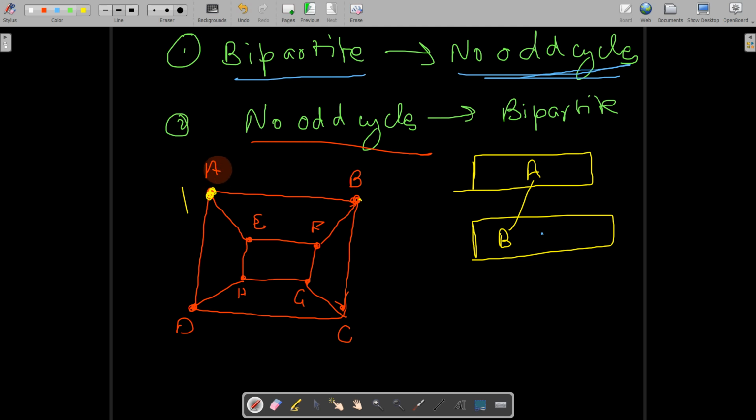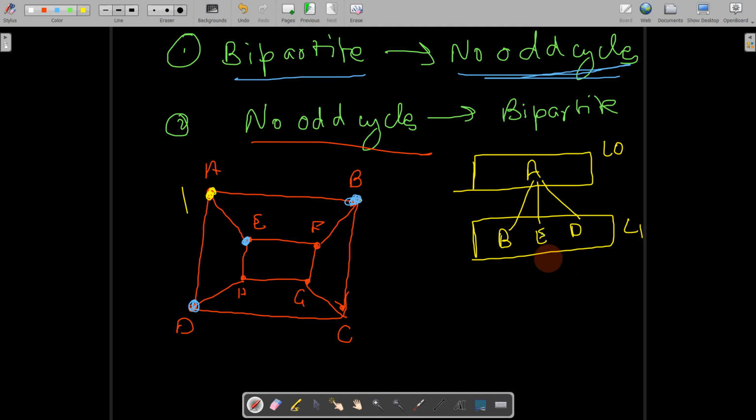A is in one set, and whatever vertices are adjacent to it directly, they have edges with A, I am putting in another set with a different color. So B, E, and D. We will keep it over here: B, E, and D. Now A is at level 0, and these are at distance 1 from A.